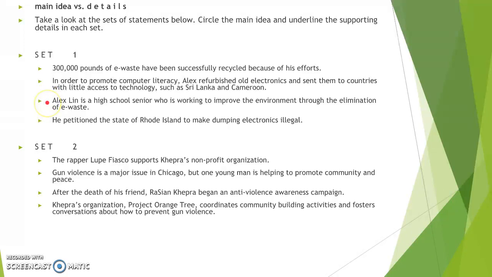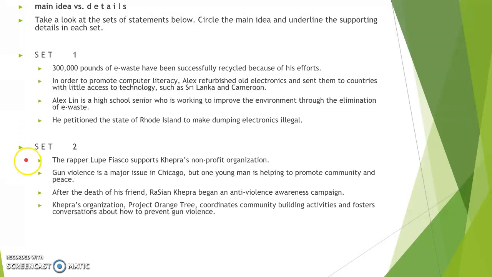Alex Lynn is a high school senior who's working to improve the environment through the elimination of e-waste. And this fourth bullet point is, he petitioned the state of Rhode Island to make dumping electronics illegal. So I want you to think, which one is the main idea? It lets us know what this is overall mostly about. And then think about which ones are those details that support that main idea.